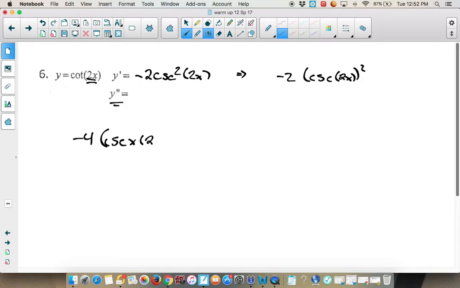2x, and then my power, I'm just going to throw the 1 there just for you to recognize it reduced my power by 1. And then I need to multiply that by the derivative of the inside.